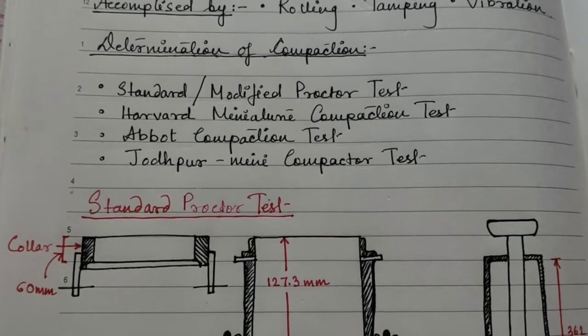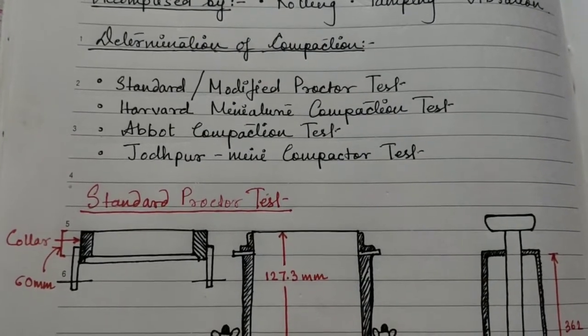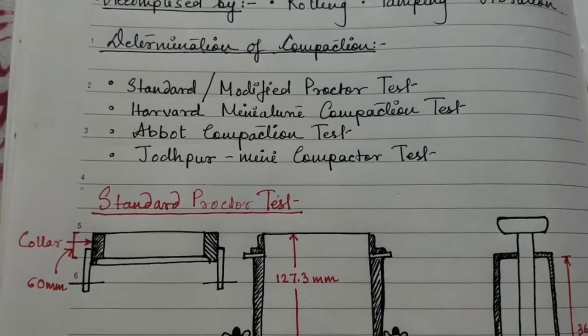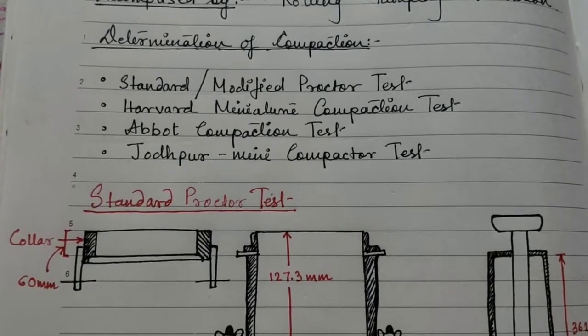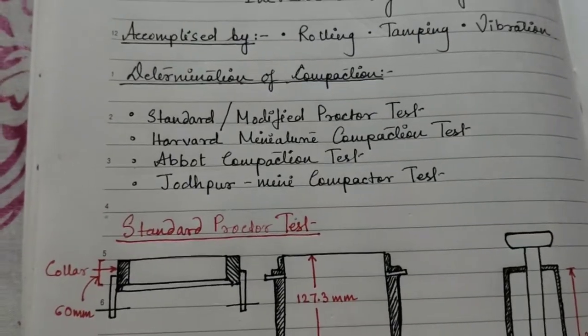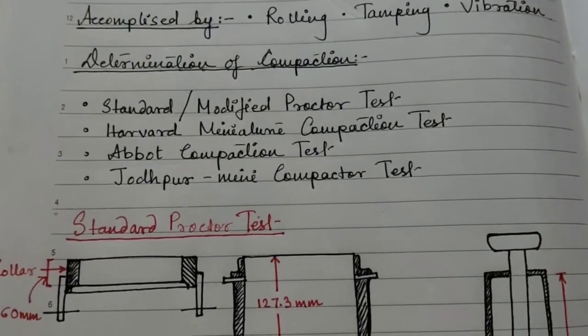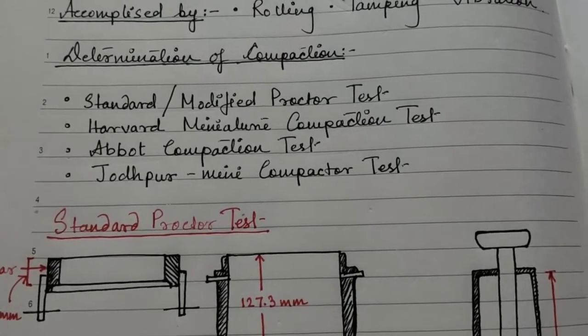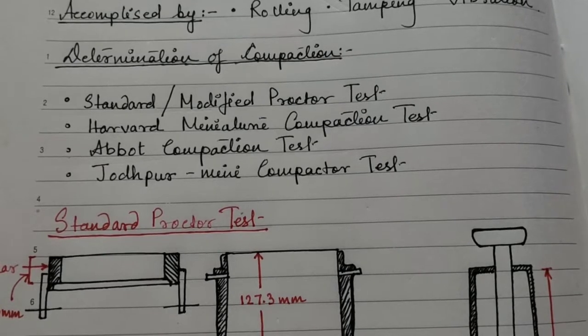Before describing the test, let us go through the factors which mainly govern the compaction, or which mainly govern the density. So the main factor which governs the density is water.